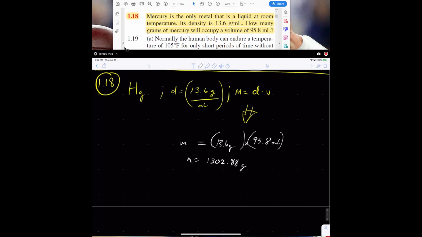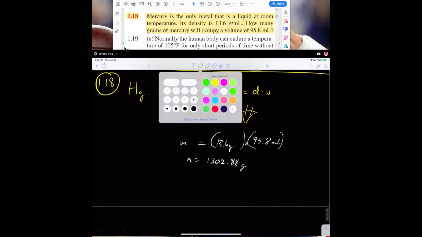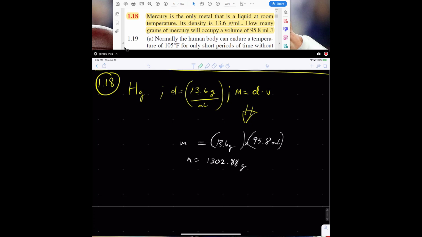So one thing that we have to note is most likely the answer that they're going to want us to report is going to be in scientific notation. So we look at each of these numbers. For density, it's 1, 2, 3 sig figs.